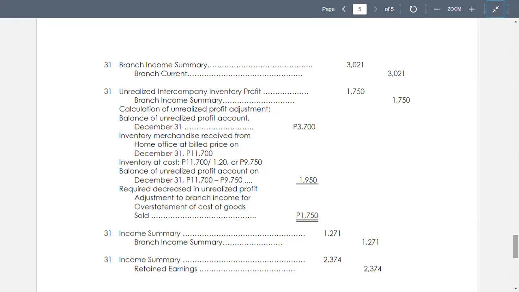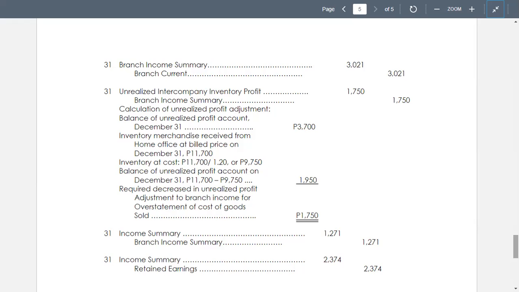So 1,750. The debit to branch income summary, that's the original loss of the branch. And we have a credit of 1,750. The difference is 1,271. That is the real income of the branch.